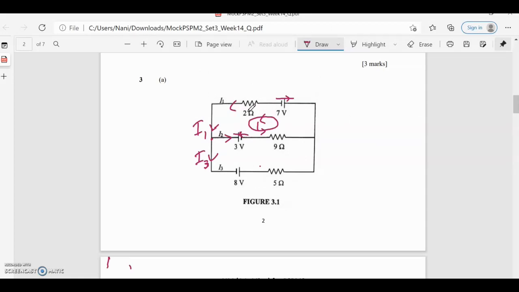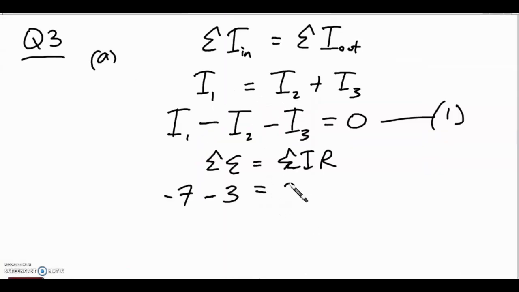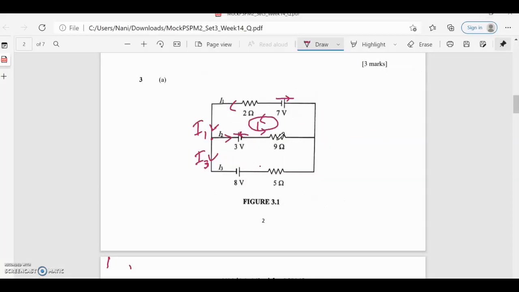I1 is the same direction as the loop, so we make it positive, positive 2 I1. And then the 9 ohm has the current I2. I2 is also the same direction as the loop, so that means it's positive 9 I2.